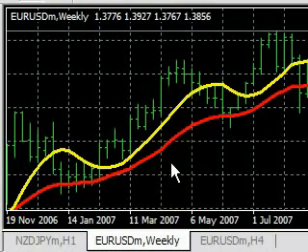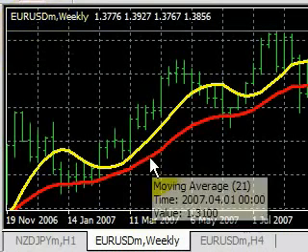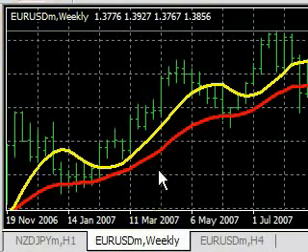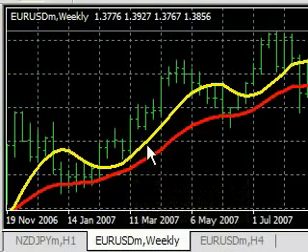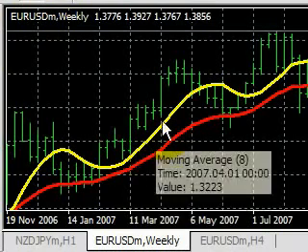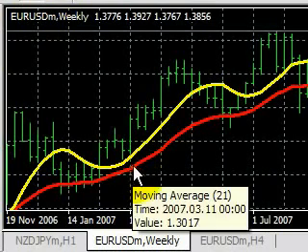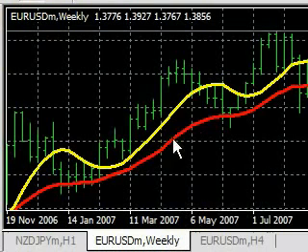Now what we will use for the trend identification on the Euro USD weekly chart is whether the distance between the two moving averages is increasing, like here, where you can see it's clearly increasing. The slope of the yellow one is higher than the slope of the red one, and that's an uptrend, or if it's decreasing, I would call it a downtrend.